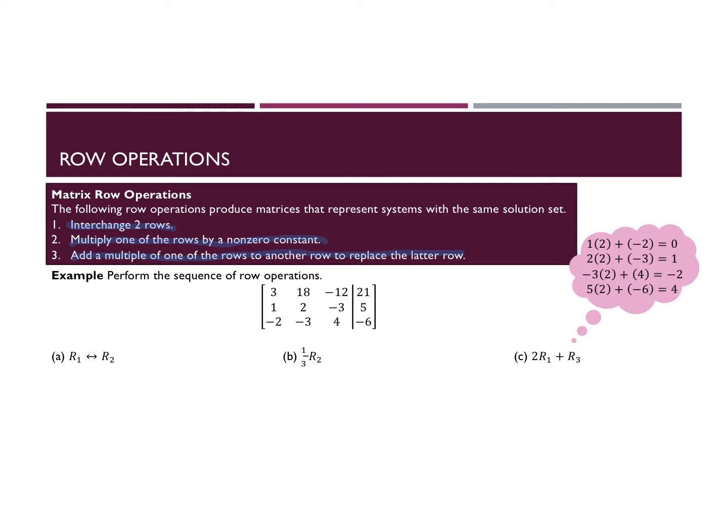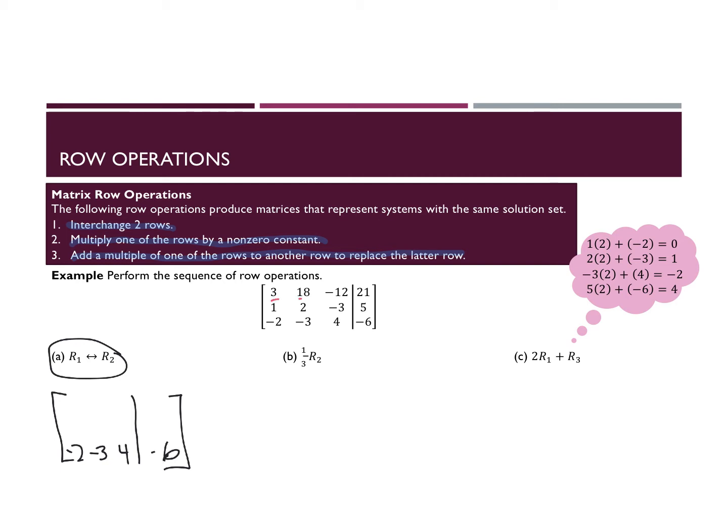So all we're going to do in this first example is perform the sequence of row operations. Okay, so first thing it says in A is we're going to interchange row 1 and row 2. So what I like to do is write down the row that is not changing first. And then we know we're going to flip row 1 and row 2.